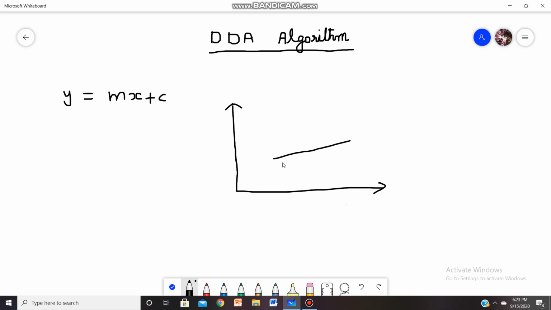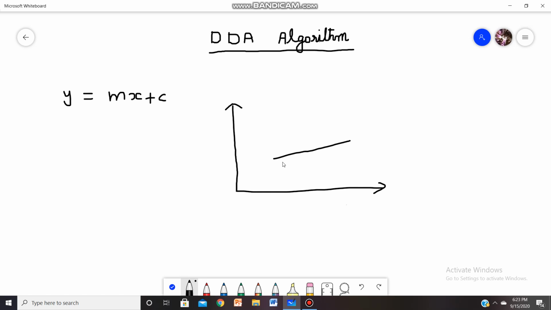Okay, there are three cases we have. The line with slope m equal to 1, m less than 1 or m greater than 1. So in the DDA algorithm, we are considering it as two cases, m less than or equal to 1 and m greater than 1. The slope is also known as the tangent. We know that tan 45 is equal to 1.